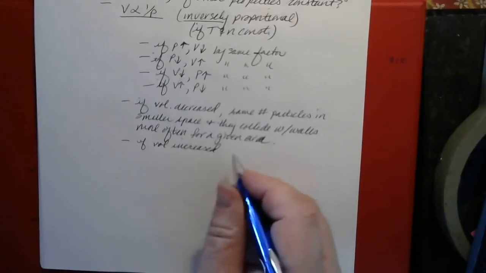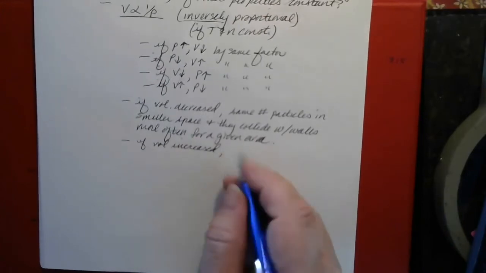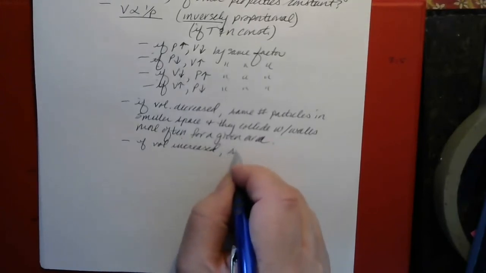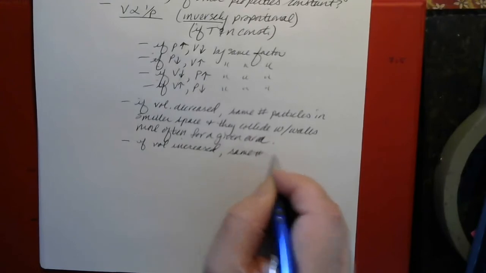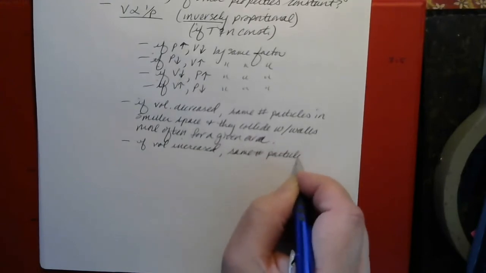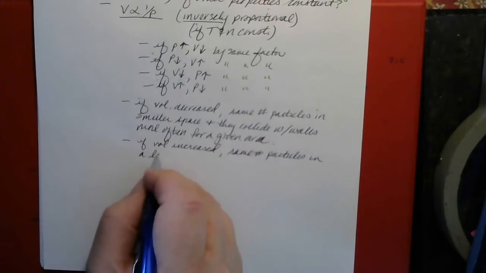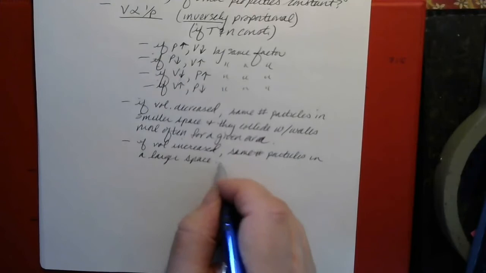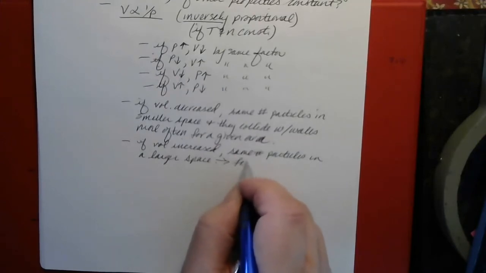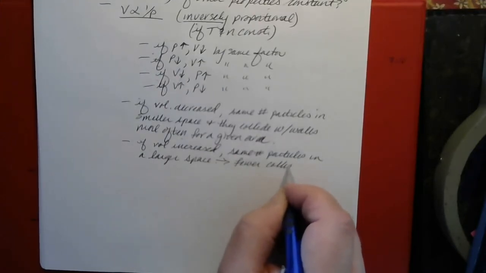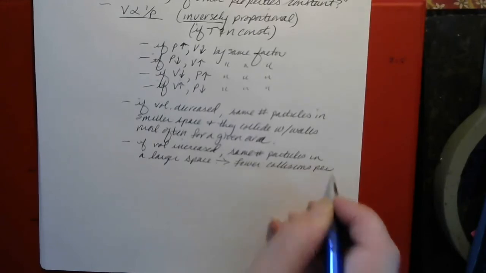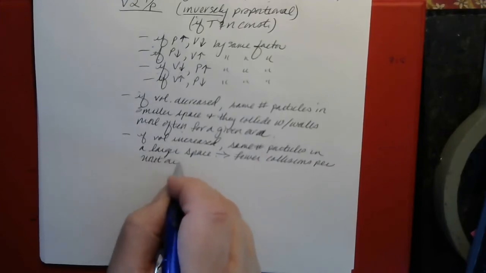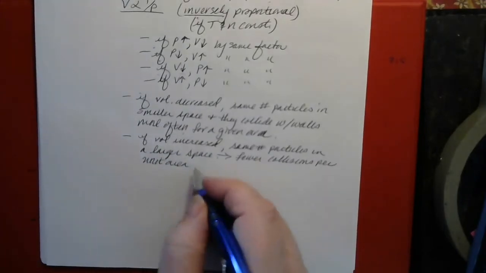On the other hand, if the volume increased, well, you've got more square inches on the inside of the container, but the same number of particles, and that makes for fewer collisions per unit of area of the inside surface of the container.